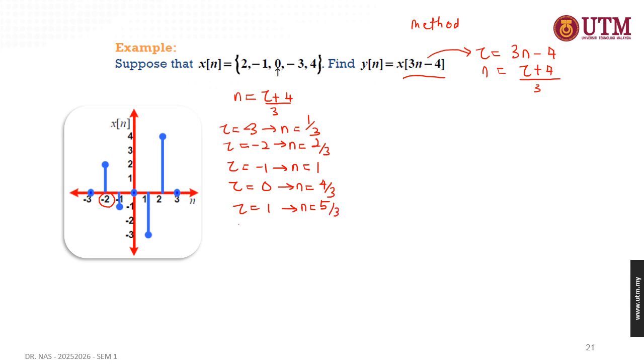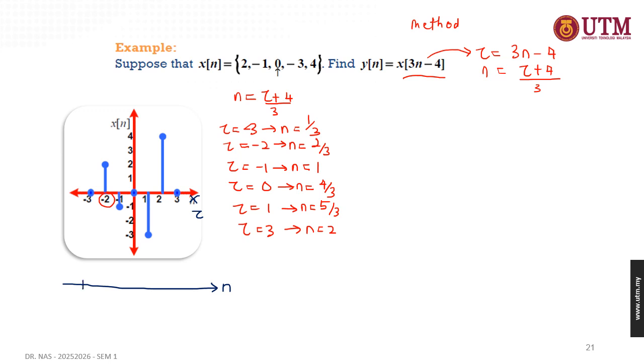And then when tau equal to 3, your n equal to 2. Okay, so let's draw the new axis underneath. Now the n is being replaced by tau. So now let's draw the n new axis.